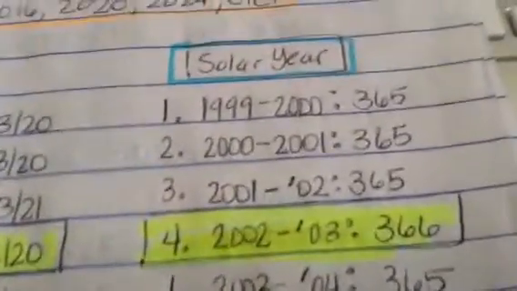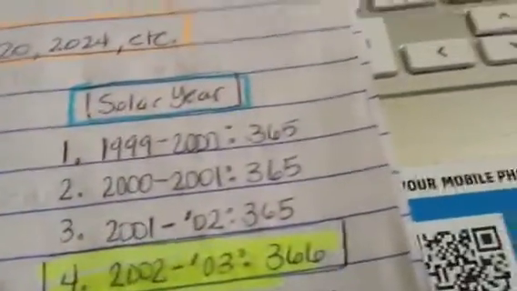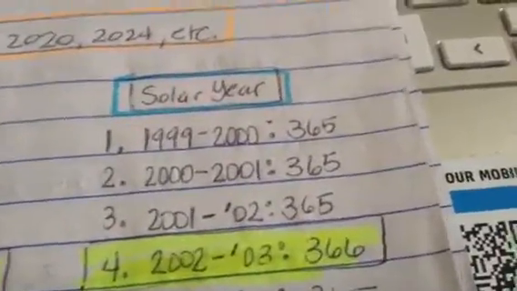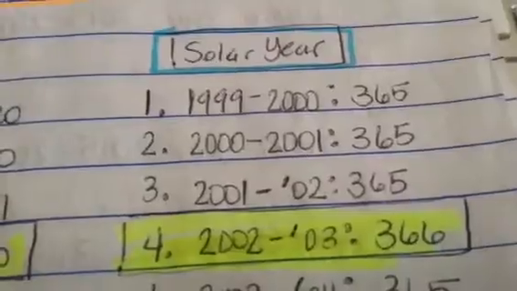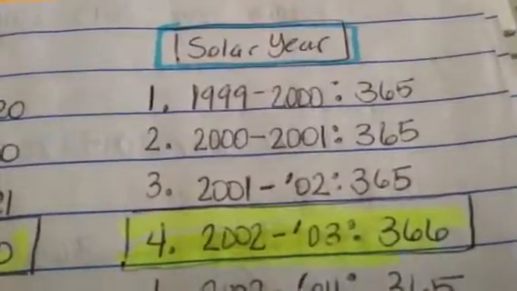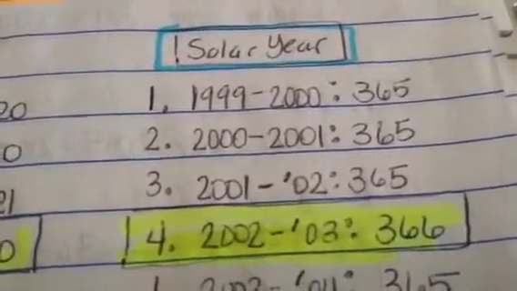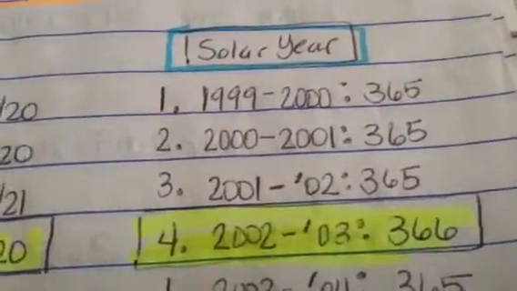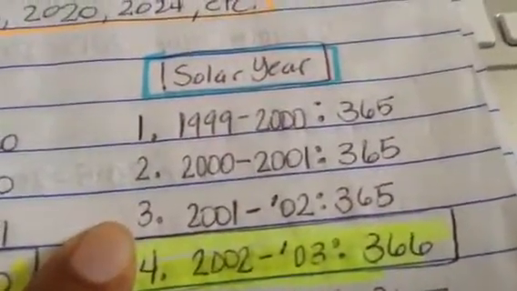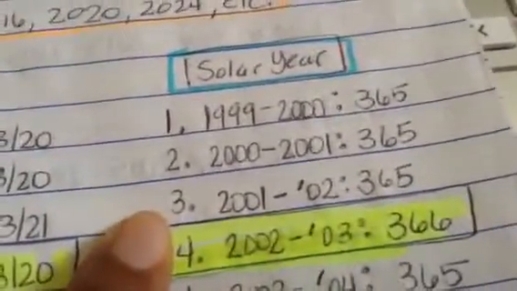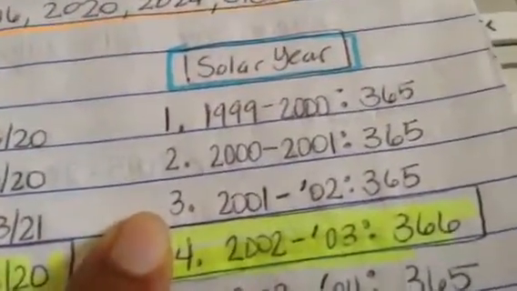I'm going to give another example so it'll be easier. Let's look at 2001 to 2002. Right here, we're going to see how I got 365.